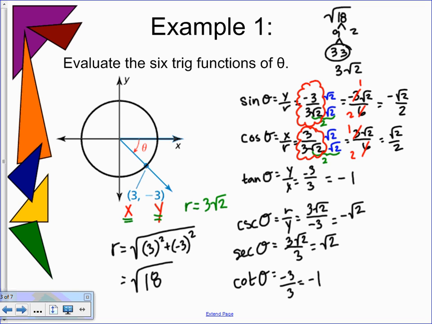But what I presented to you was a purely algebraic way to do it. If you know the definition for the trig functions on the coordinate plane, y over r, x over r, y over x, you're good to go.